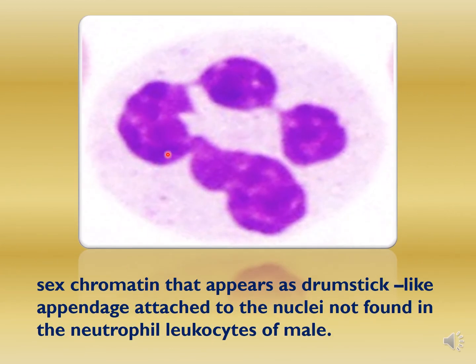The sex chromatin that appears as a drumstick-like structure attached to the nuclei is not found in the neutrophil leukocyte of the male. This is a leukocyte of a male, no drumstick or bar body is found in the nuclei of its cells.